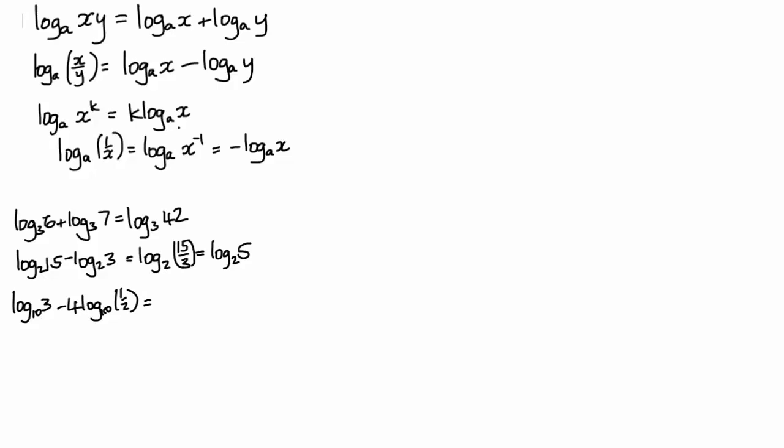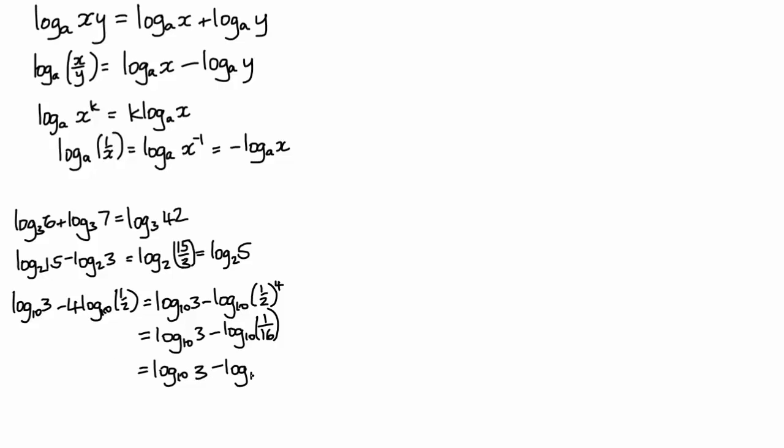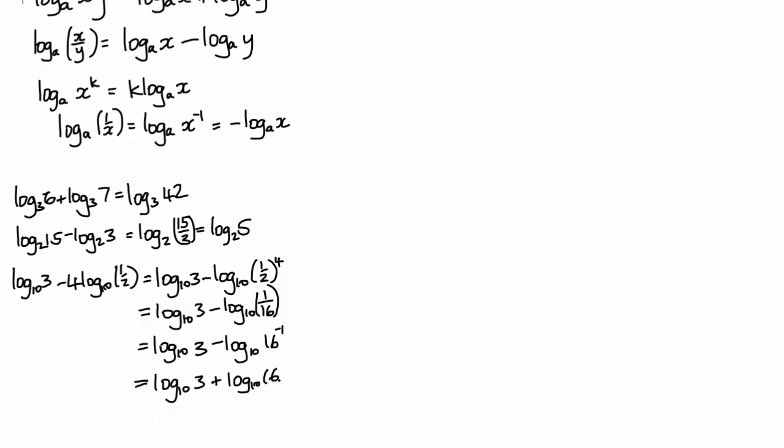First of all, using this power rule, I get log to the base 10 of 3 minus log to the base 10 of 1/2 to the power 4, which is log to the base 10 of 3 minus log to the base 10 of 1/16, which is log to the base 10 of 3 minus log to the base 10 of 16 to the power of minus 1, which is log to the base 10 of 3 plus log to the base 10 of 16.